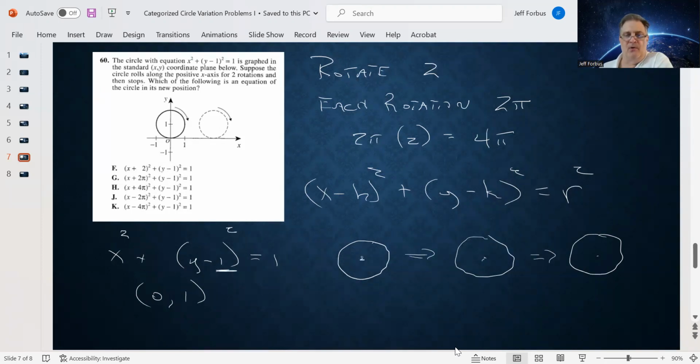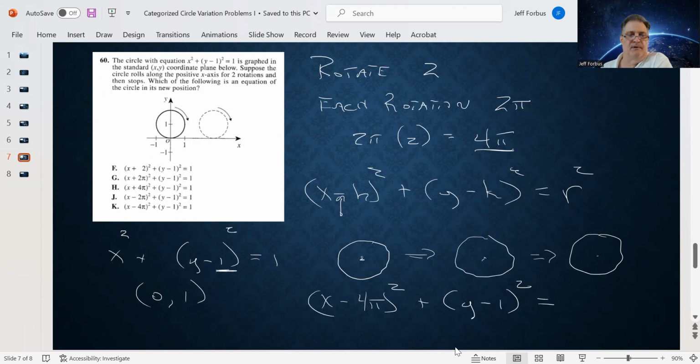Now we're going to go a total of 4 pi in the x direction. In our equation, there's normally a negative sign, so it's going to be (x minus 4 pi) squared plus (y minus 1) squared.